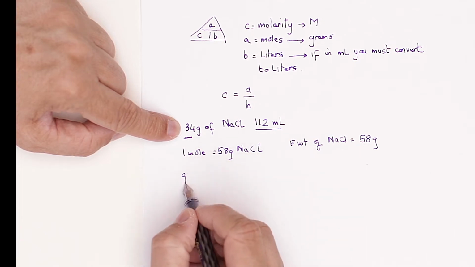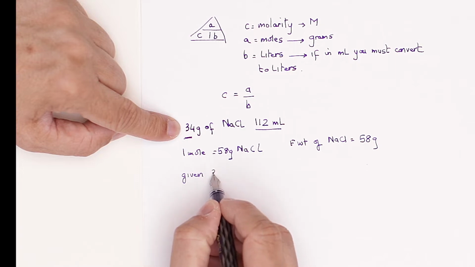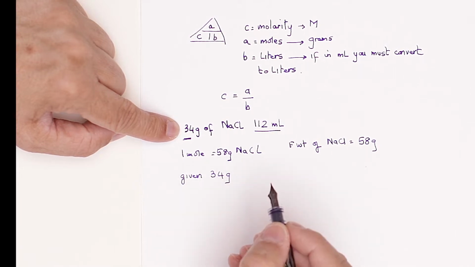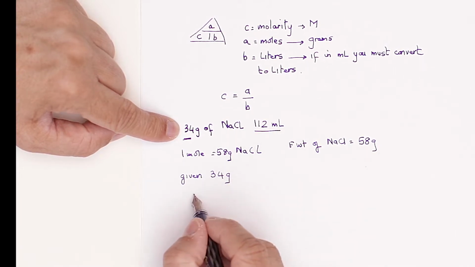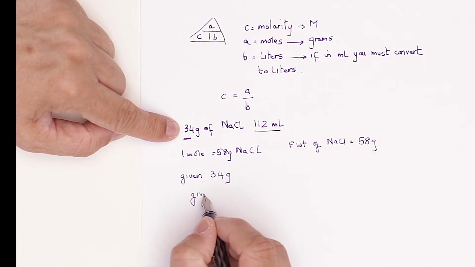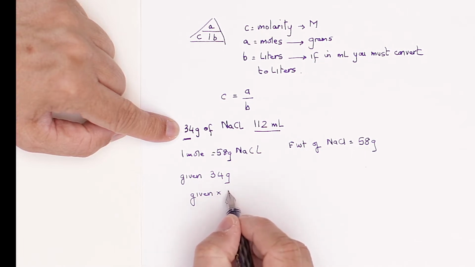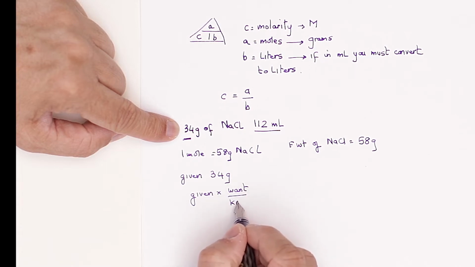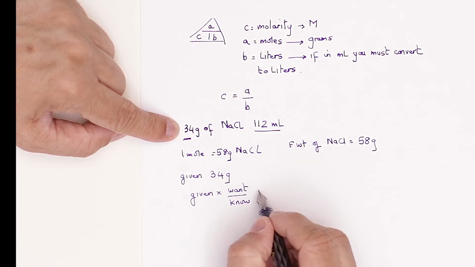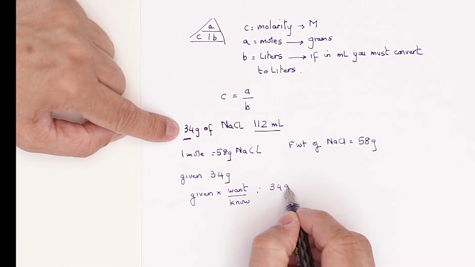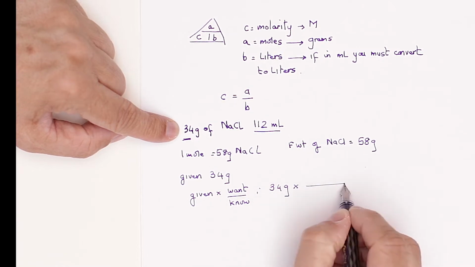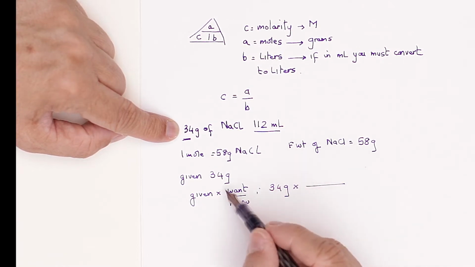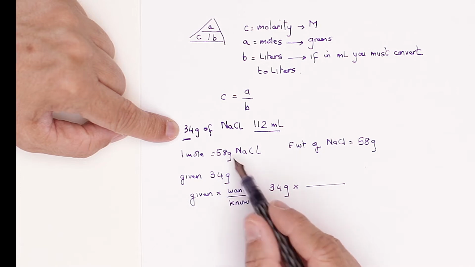We are given 34 grams. So what are we looking to do? Okay, so 34 grams, so it's given, multiplied by want over know. We're multiplying that by a conversion factor where we need to have grams on the bottom.